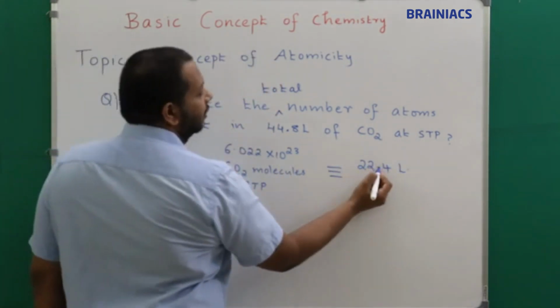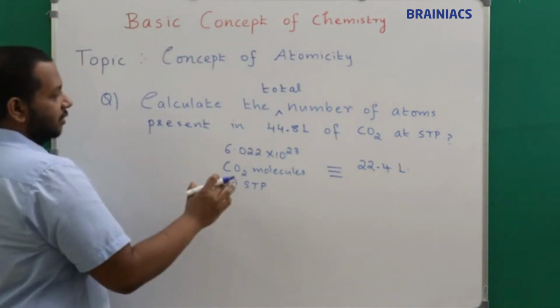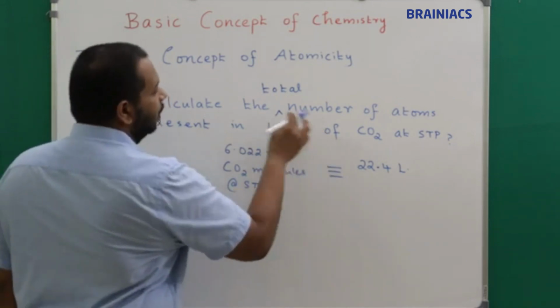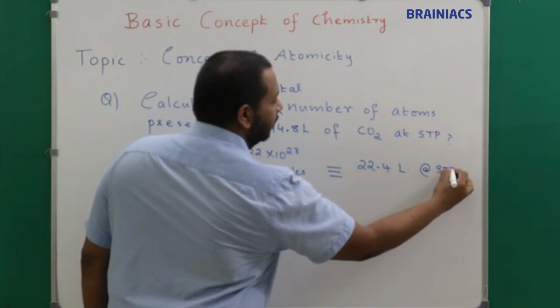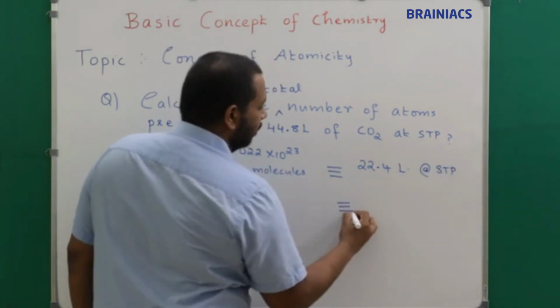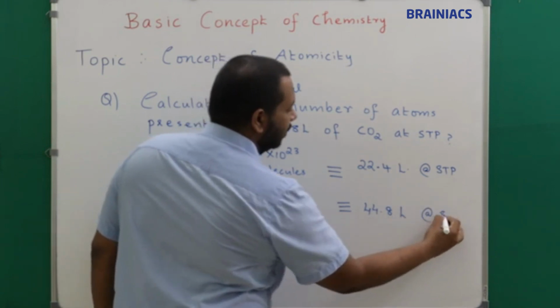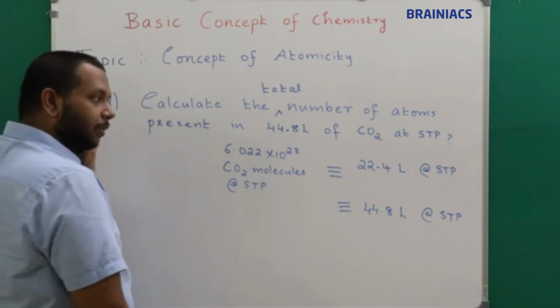This is my fundamental concept. And we need to calculate the number of molecules at STP present in how many liters? 44.8 liters. So here also I will mention at STP, very, very important. So in 44.8 liters at STP. So tell me how to convert 22.4 liter to 44.8.